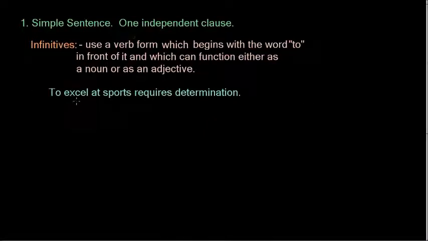Looks like we have a verb here, right? To excel. But the main verb in this sentence is requires. To excel is our subject, and it's the concept of being very, very good at something, to excel at it.